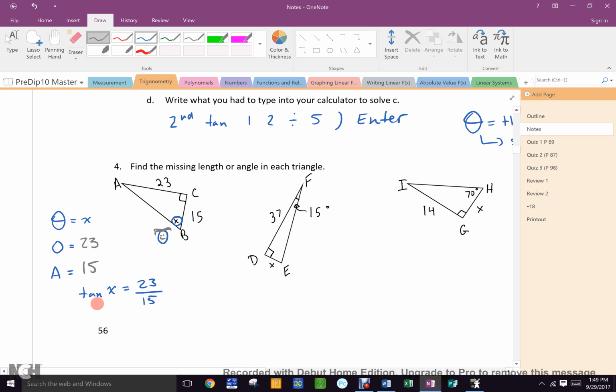Shift tan. 23 divided by 15 equals. Do I need the equal sign if I am backwards calculator guy? No. But if I don't put brackets and I'm backwards calculator guy, I am not going to get the right answer, am I? And the answer is indeed 57.